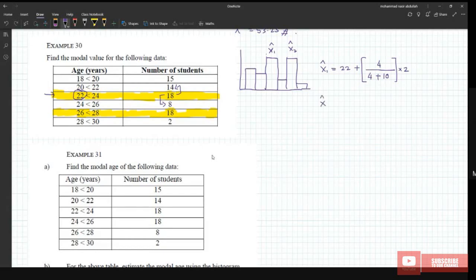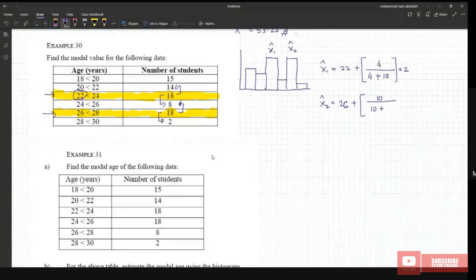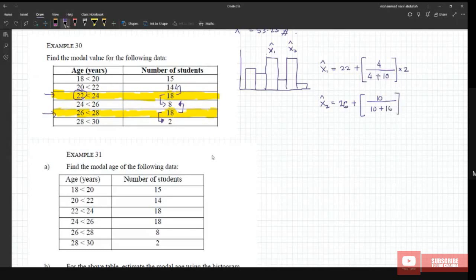And for the second mode, lower class boundary is 26 plus the frequency of the modal class minus the frequency before the modal class, which is 18 minus 8 equal to 10. So 10 plus the frequency of the modal class minus the frequency after the modal class, 18 minus 2, should be equal to 16. So multiply with 2 and then solve the equation, right?